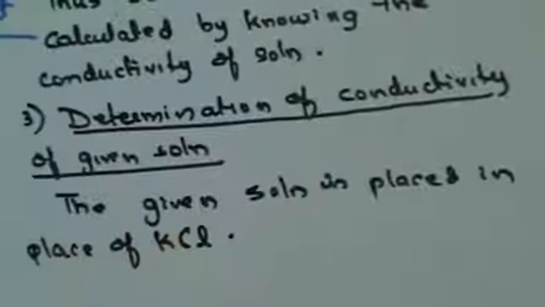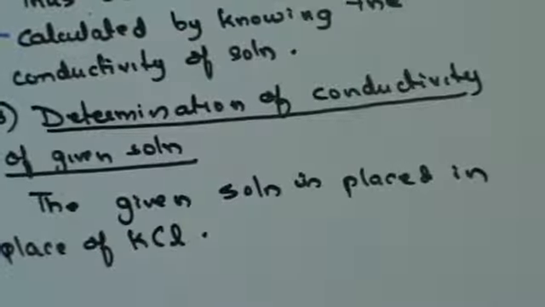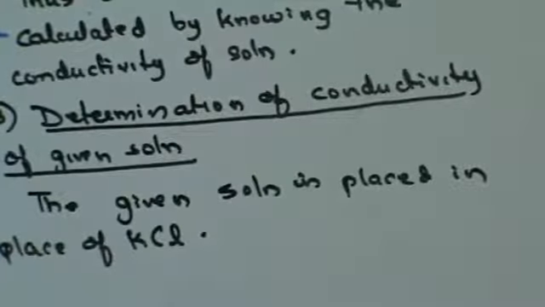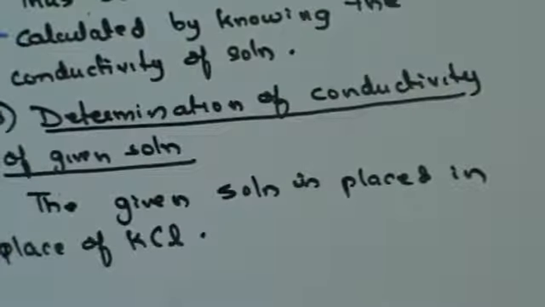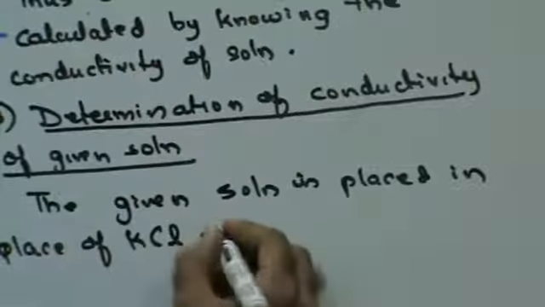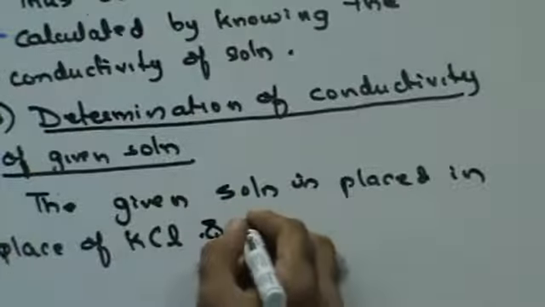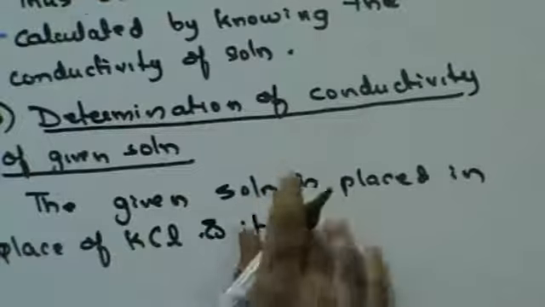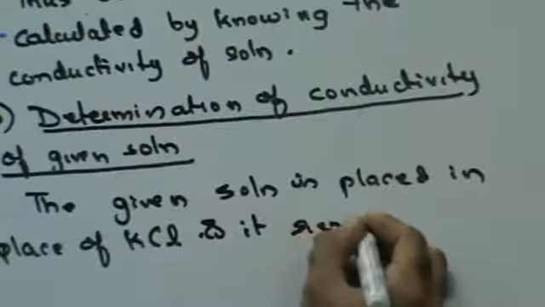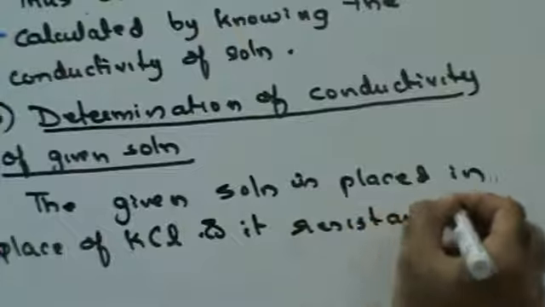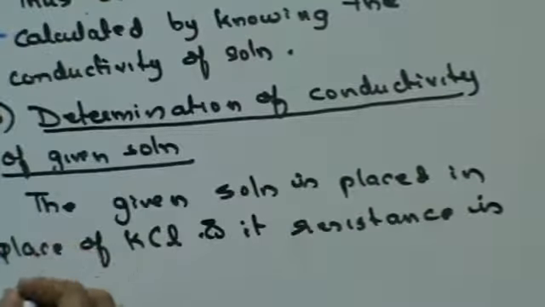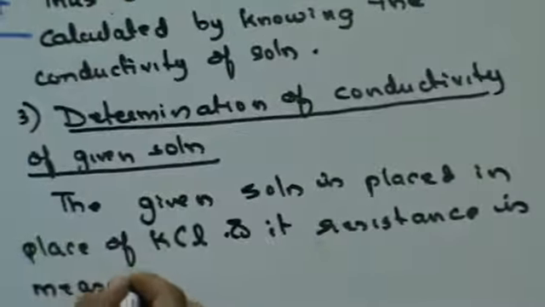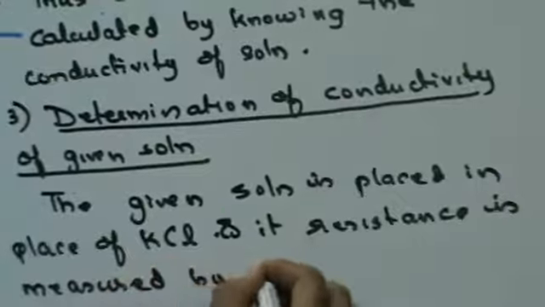Once I've done the experiment, I would definitely know the cell constant. Once I know the cell constant, I can replace the KCl solution with the given solution, and its resistance is measured by the Wheatstone principle.